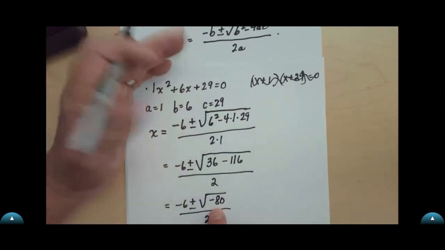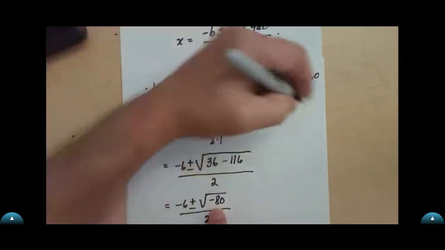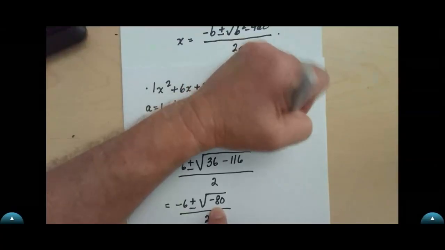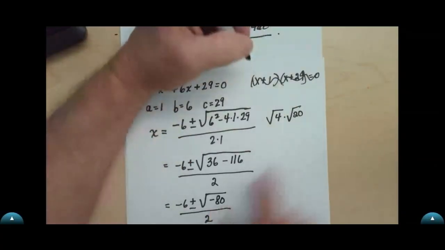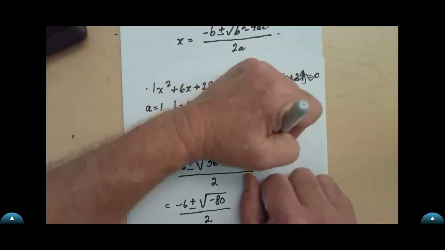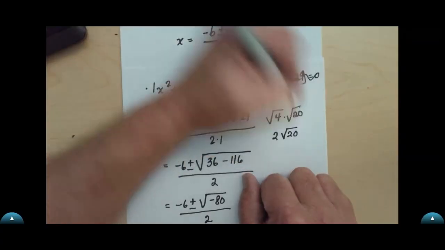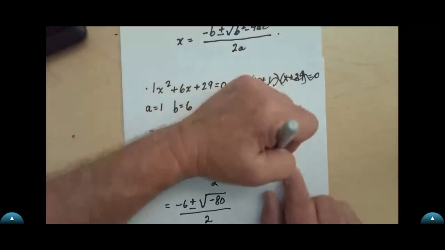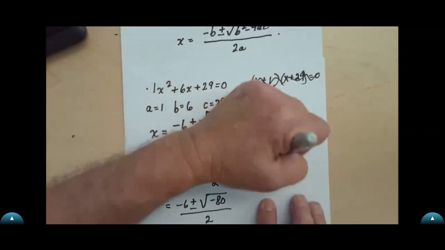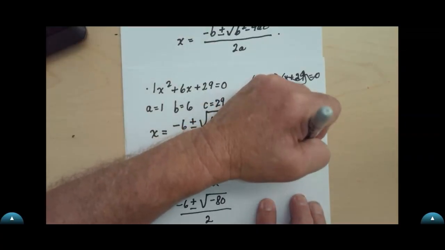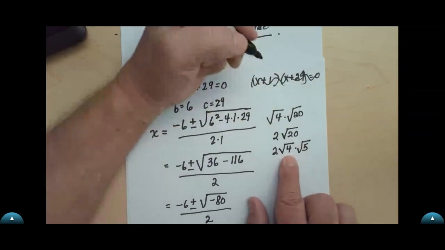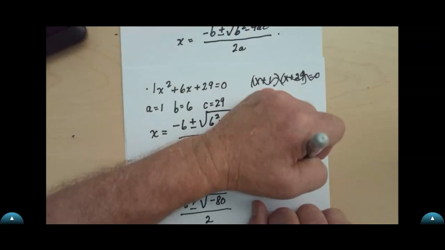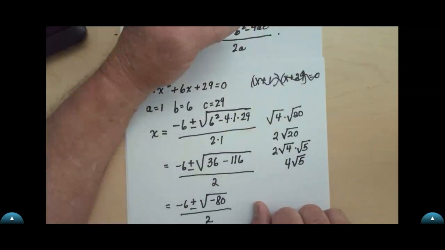But we want to find the biggest square root, because if you did that, so just let me show you. If you said the square root of 80 is the square root of 4 times the square root of 20, well, you could do that, and that would give you 2 times the square root of 20. But 20 itself is 4 times 5. Do y'all see that? And so you've got 2 times the square root of 20, which is the square root of 4 times the square root of 5. And you know what the square root of 4 is? It's 2. So I've got 2 times 2, which is 4, times the square root of 5. That's the square root of 80 if you simplify it.